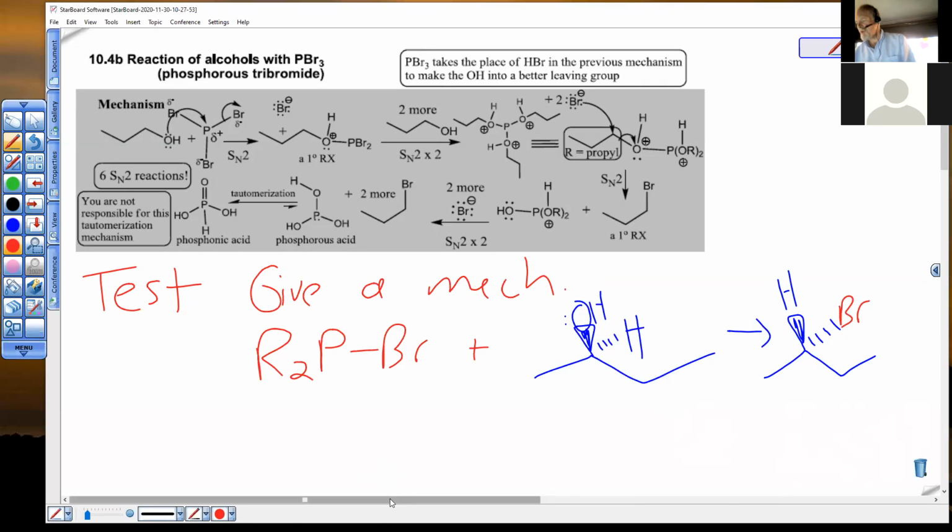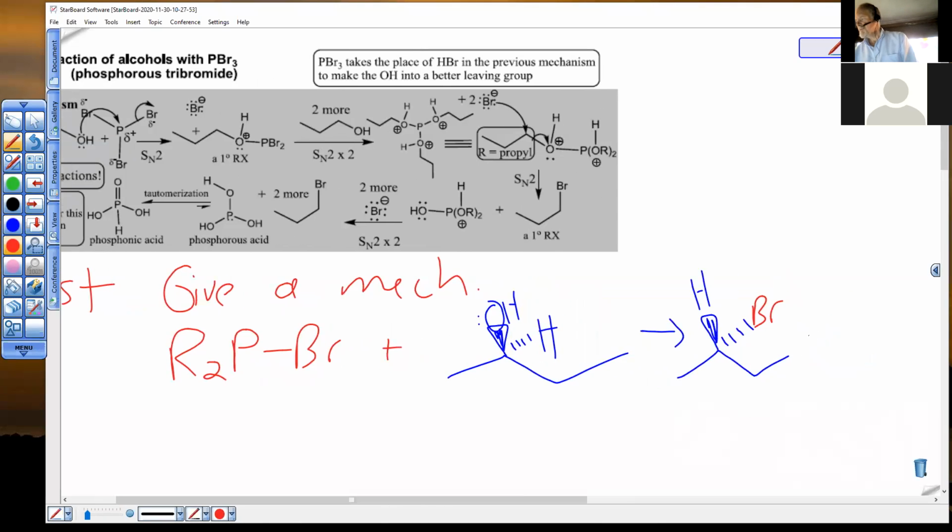And the side product looks like this. HO bonded to P, R2.